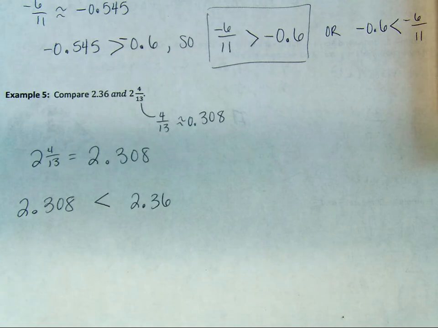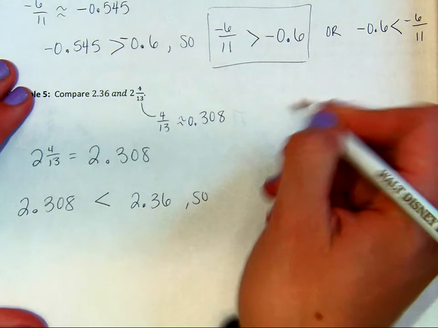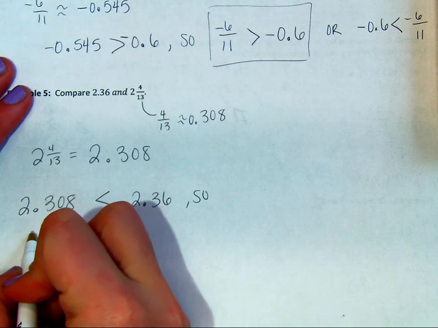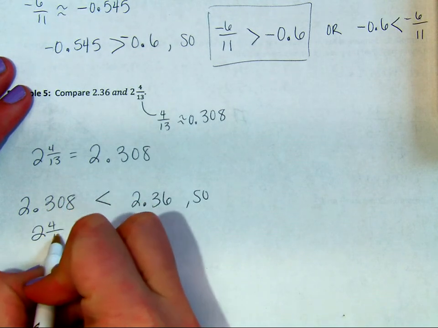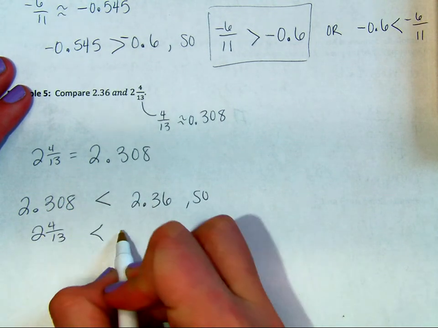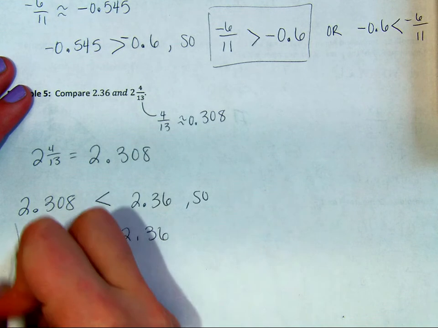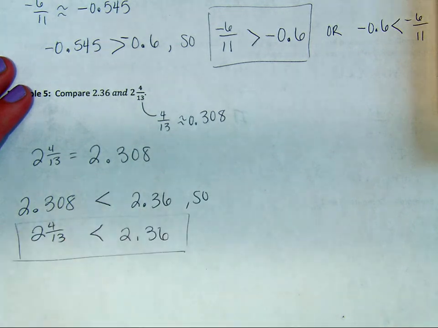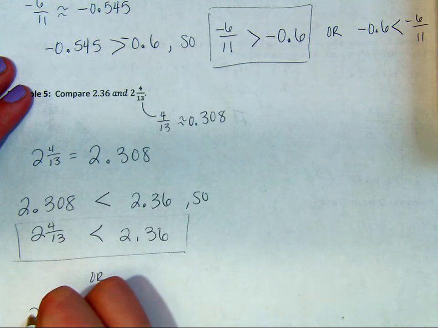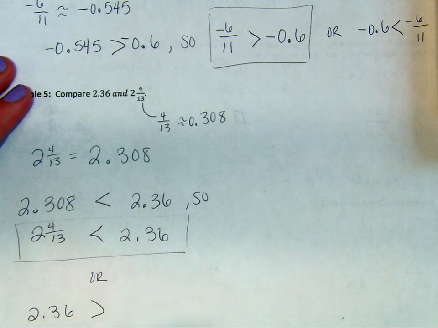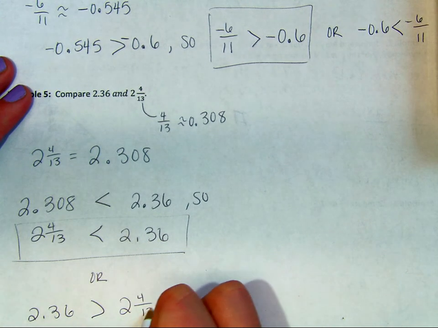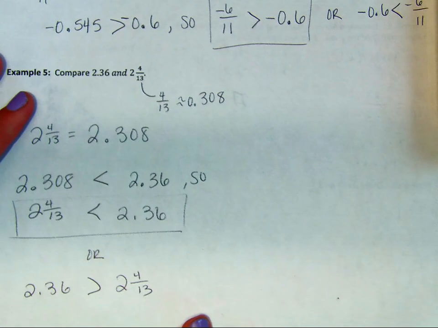So I'm going to put my sign that way. Let's convert back to the original form. This was originally 2 and 4/13. So that is less than 2.36. And of course, I could write this flipped around as long as I flip my sign. And we are done.